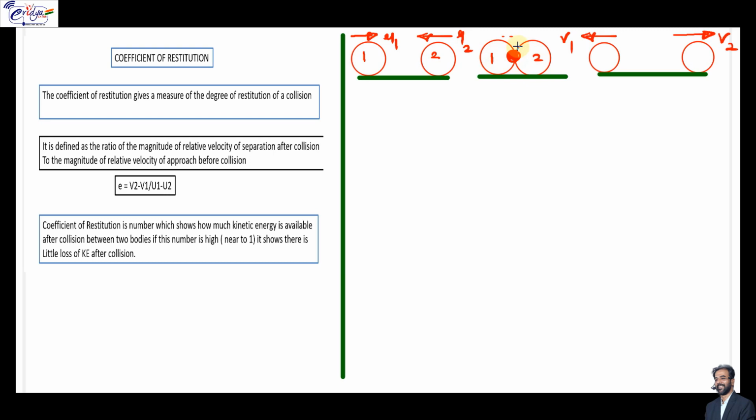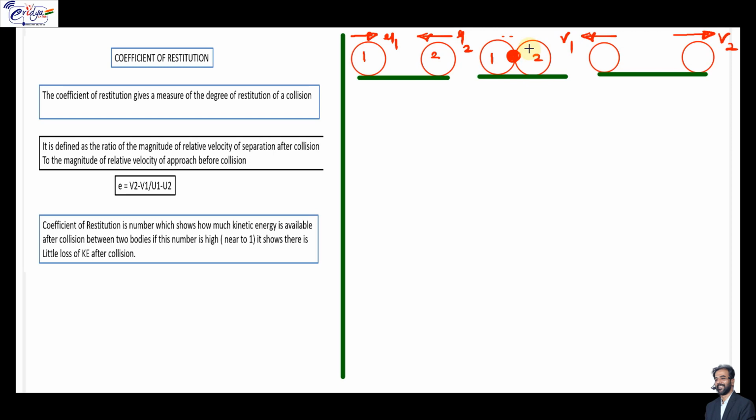But after a very short instant, they restore their original shape and size, and again move with different velocities or clog together. This depends on which type of collision is there. This restoration is nothing but called restitution. So coefficient of restitution gives a measure of the degree of restitution of collision.